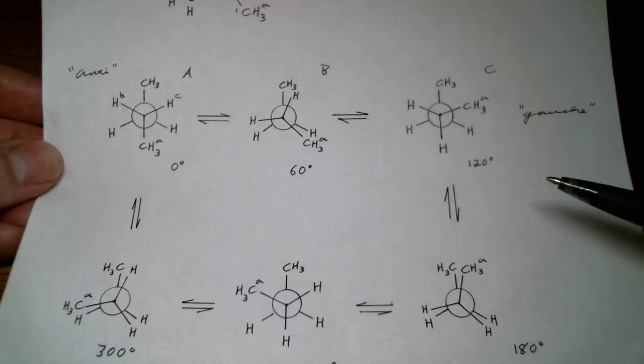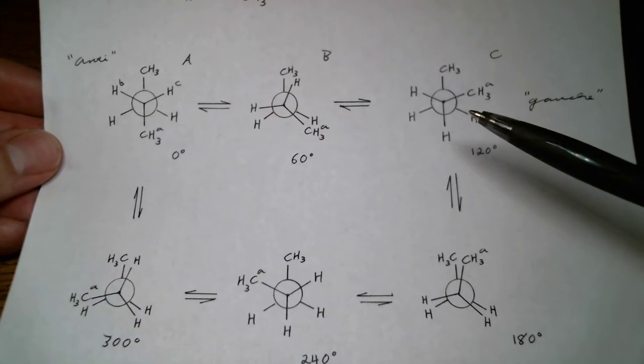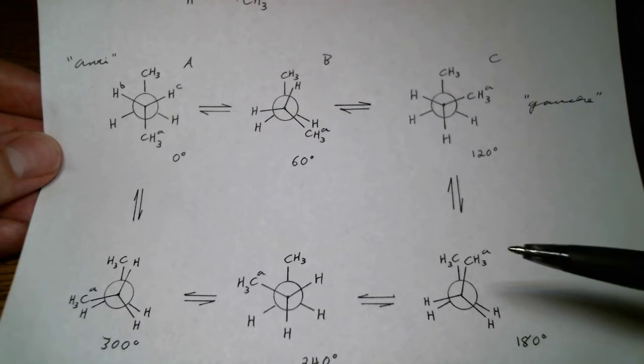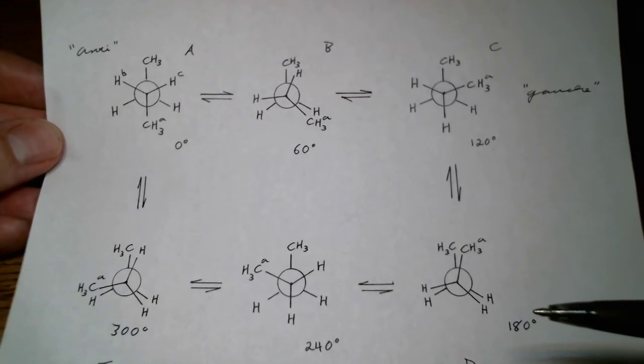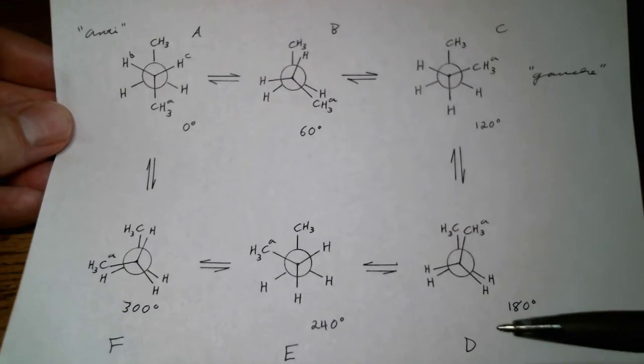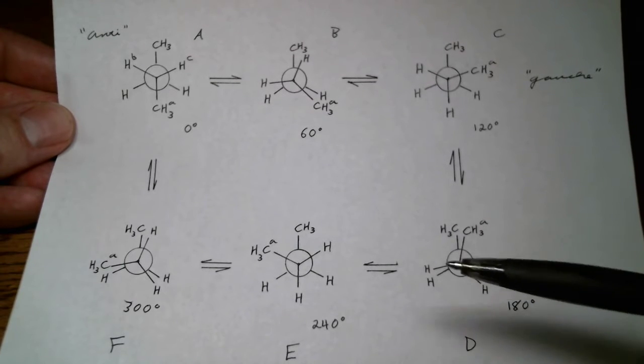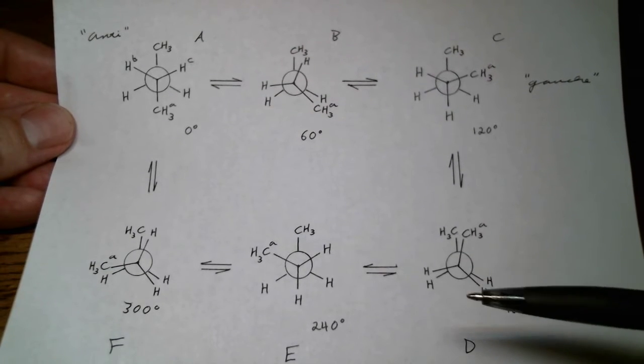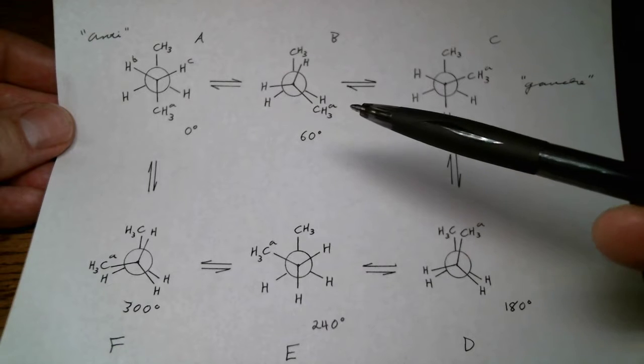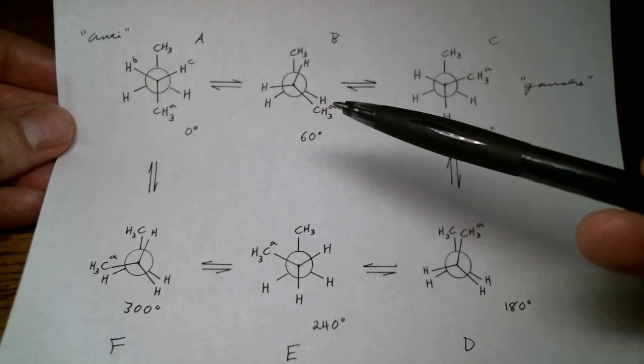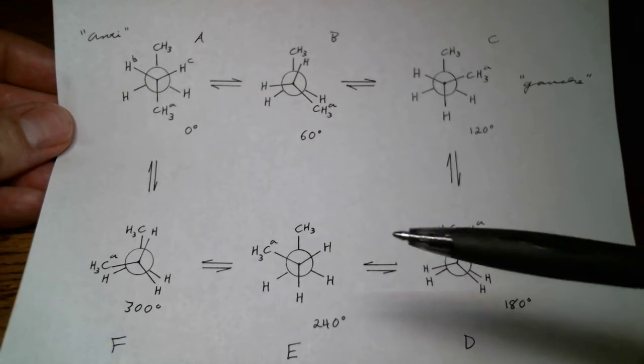If we keep rotating that front carbon-2 like a propeller in a counterclockwise sense, we reach 180 degrees, and we'll call this conformation D. This is another eclipsed form, and this eclipsed form is different than the eclipsed form B that we saw at 60 degrees.